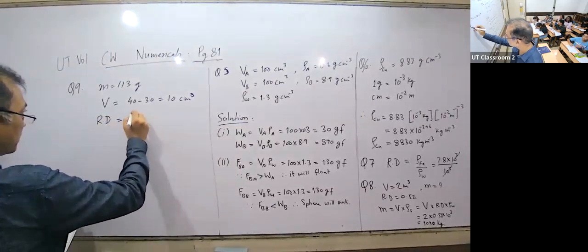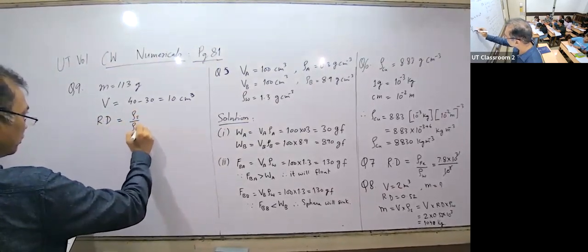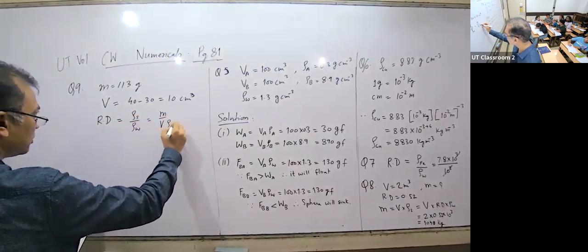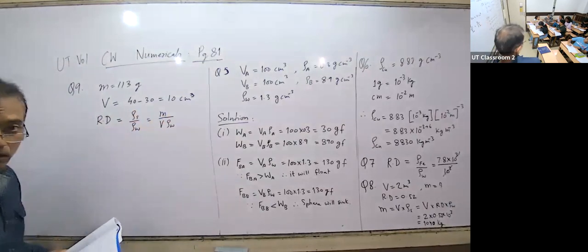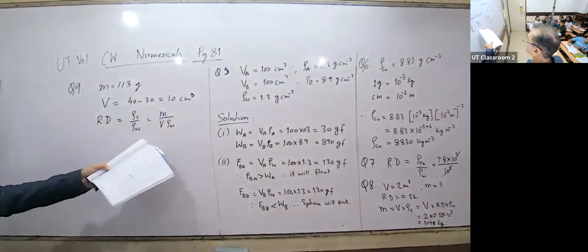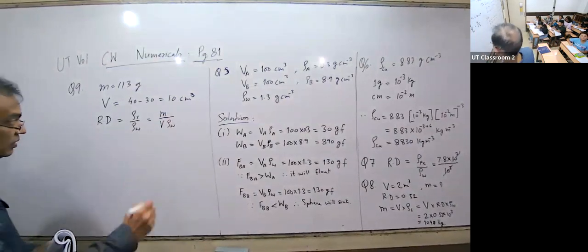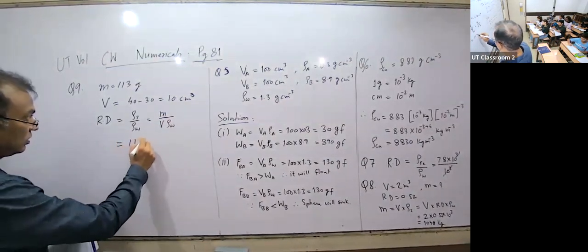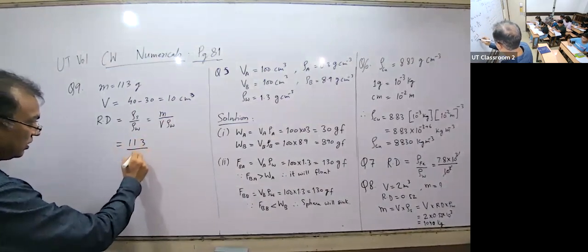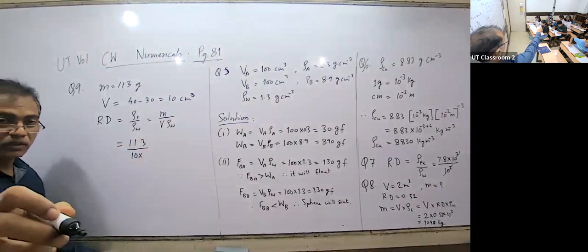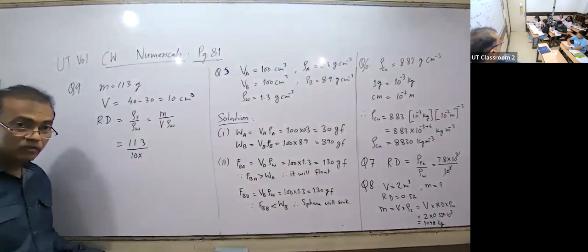RD is density of substance upon density of water. Density of substance is mass upon volume. So here the density is calculated from the given data, which is 113 divided by 10. Density of water, how much is density of water?